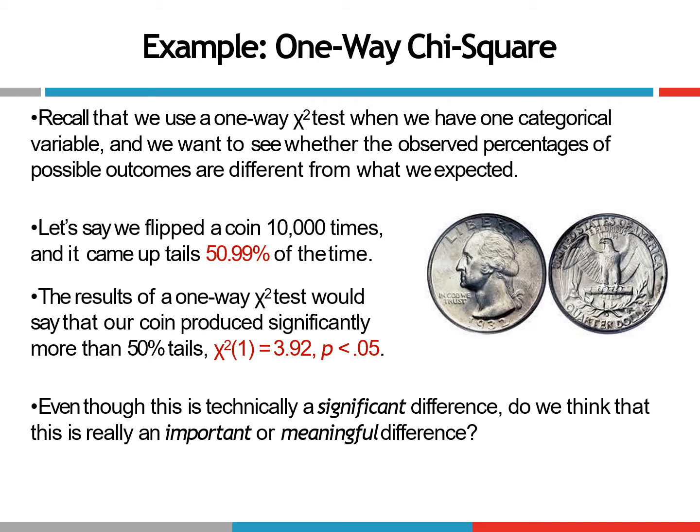Okay, so even though this is technically a significant difference, does it seem like a really important or meaningful difference? Probably not, right? 50.99 versus 50% is not really a huge difference. It's a fairly weak difference.